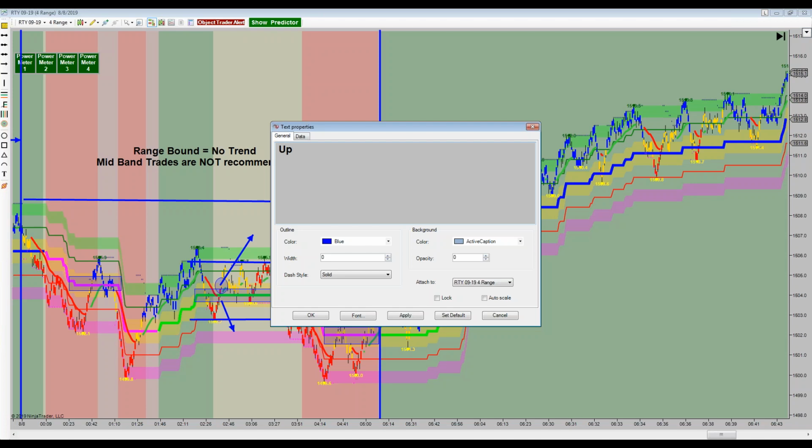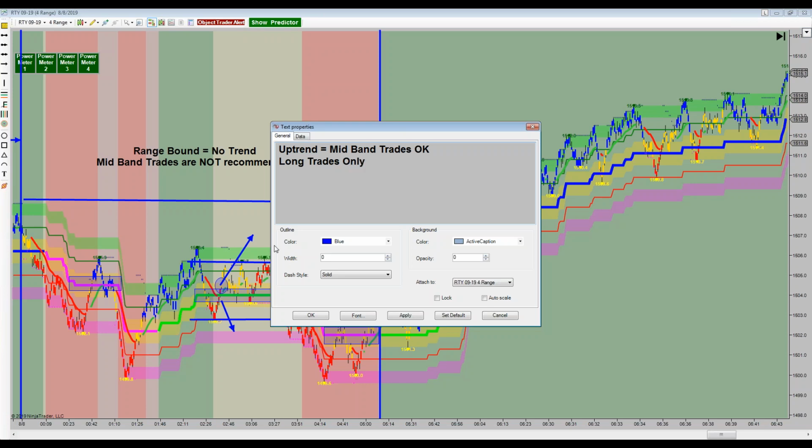So, uptrend, mid-band, okay. Mid-band trades, okay, right? And unless there's a news event, like the Fed announcement or a crude oil inventory on a Wednesday, pretty much you're going to want to be sticking with long trades only, if you want to keep it really simple, right?